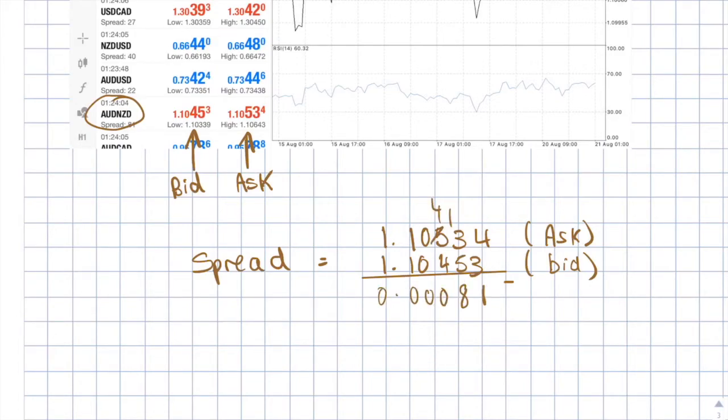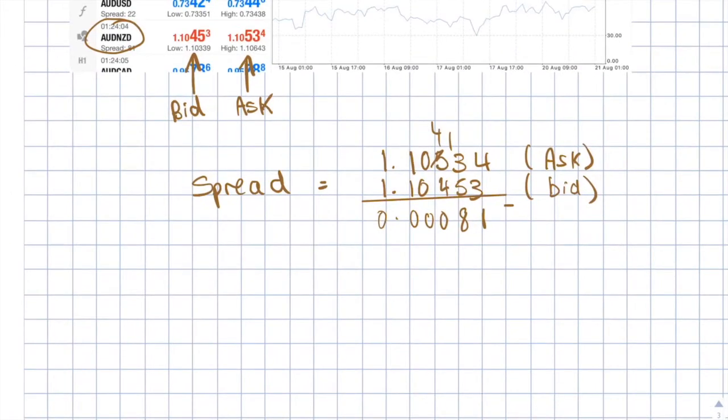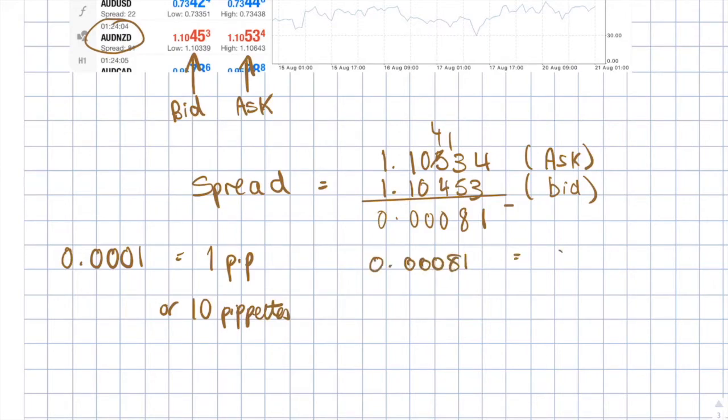Now, as we did previously, we put that into pips. Just as a reminder, 0.0001 is equal to 1 pip, or 10 pipettes, and hence 0.00081 is equal to 8.1 pips, or 81 pipettes.